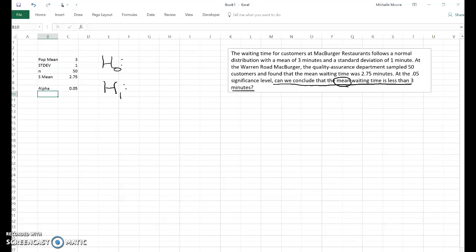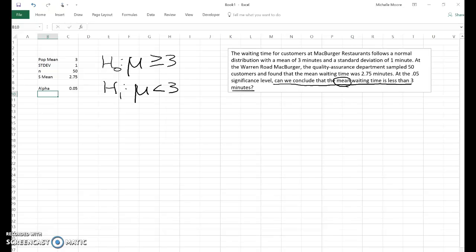We don't have two samples, we're comparing it to a value we believe to be true. So the question was, is the mean, so here we have mu, less than 3? And then everything else falls to the null, so we have that the mean is greater than or equal to 3. So here we have included all possibilities. No matter what the number is, it either falls in the null or it falls in the alternate.